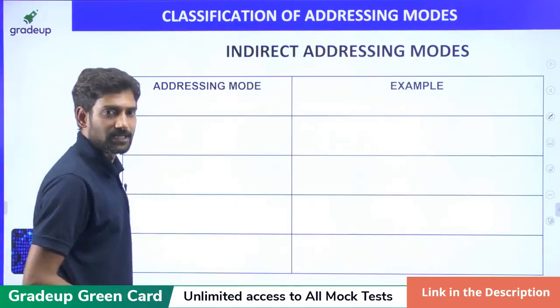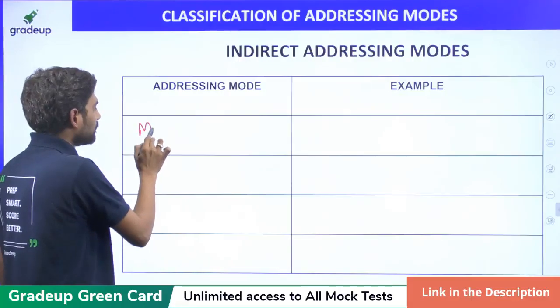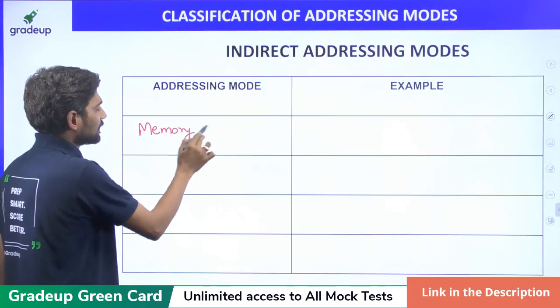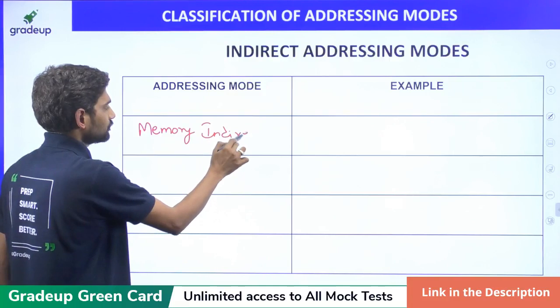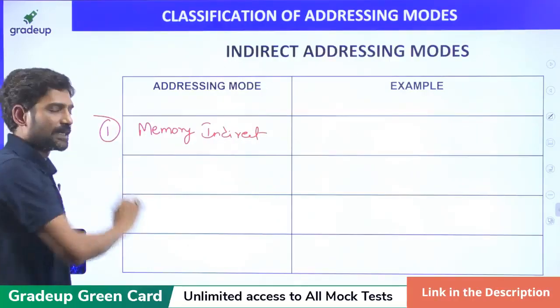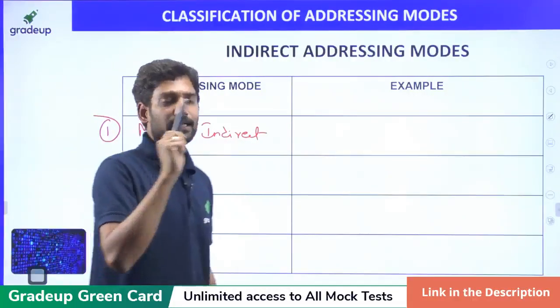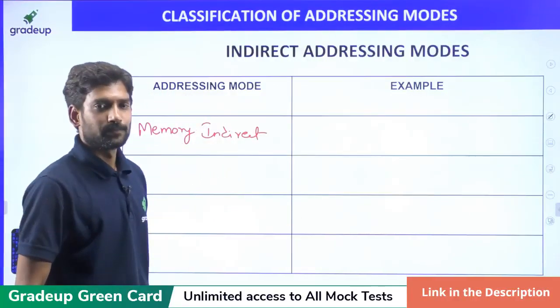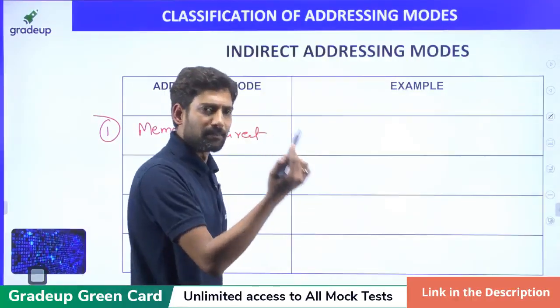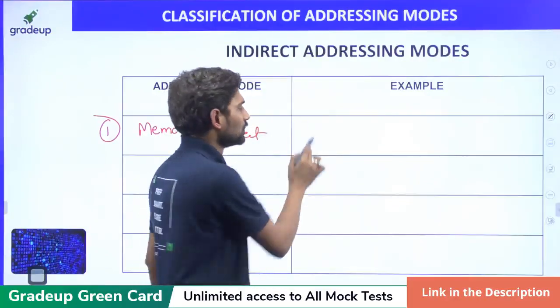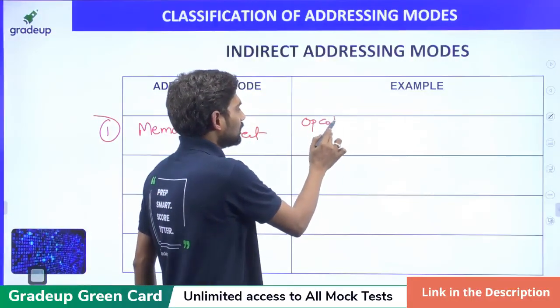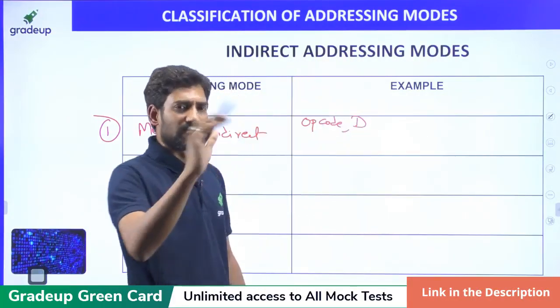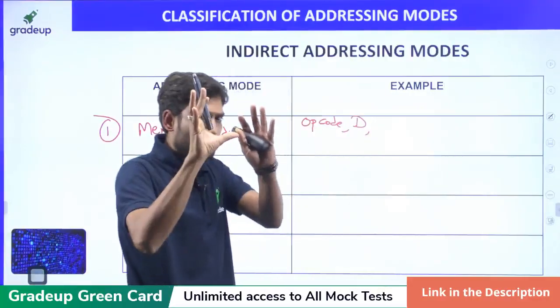What are they? Let's see. First is memory indirect addressing mode. What is the first indirect addressing mode? Memory indirect addressing mode. Example. Yes, you want example, I know. I am giving the example. Forget about opcode and destination, because we should look at source.